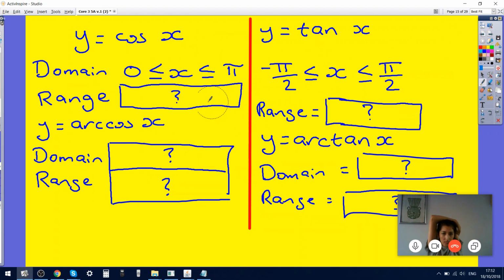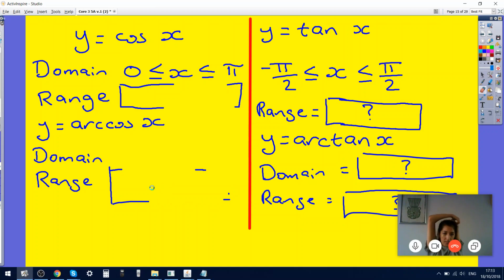Okay, let's try these ones. Cos is greater than or equal to 0, so cos 0 is 1.